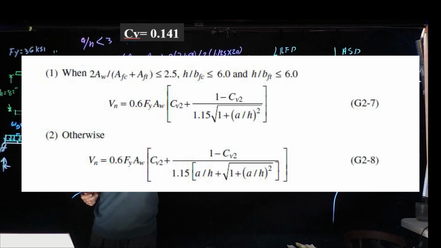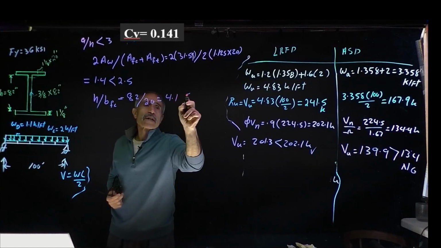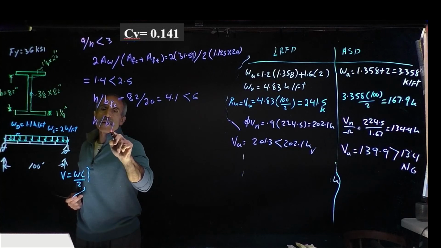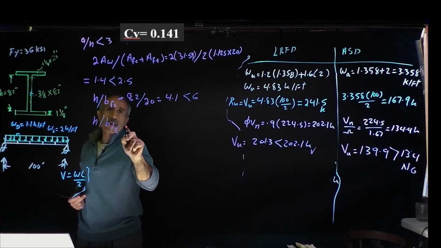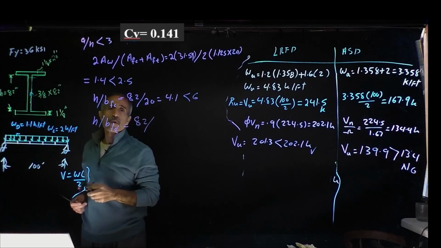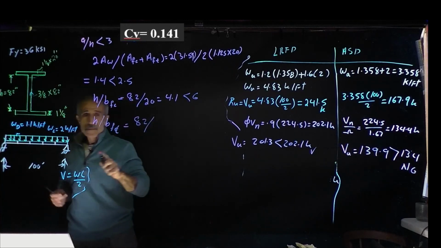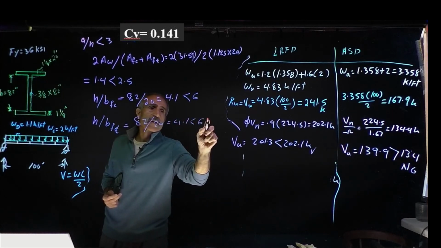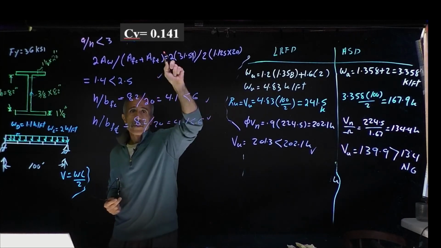That comes out to 4.1, which is less than 6. We satisfy that. Same thing, H divided by BFT, which is 82 divided by 20 again, which is 4.1, less than 6. We good, we good, and we good.